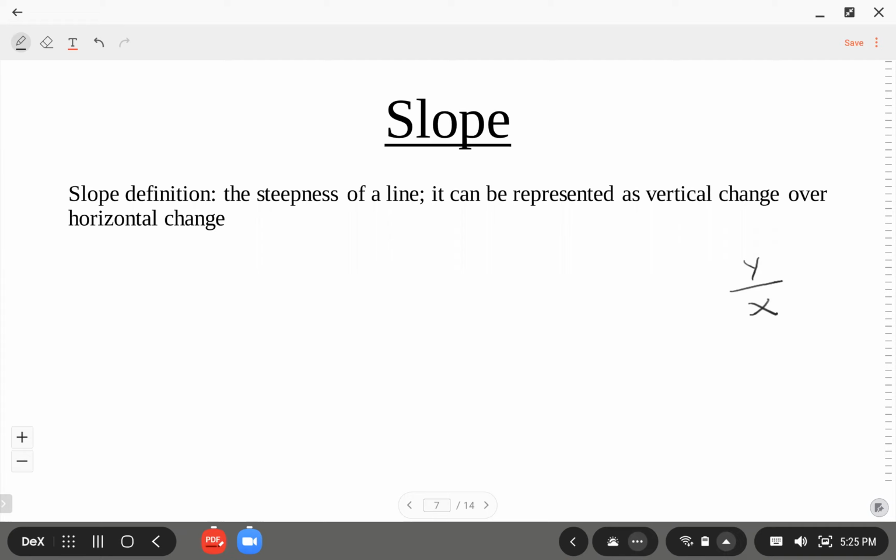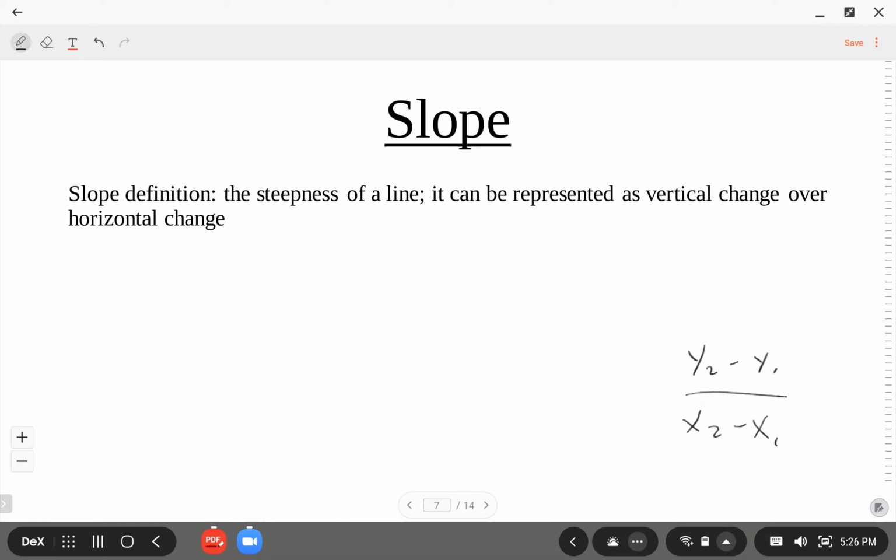And you can find slope by doing this: y2 minus y1 over x2 minus x1. So basically you have to have 2 points to find the slope. Okay, so I'll repeat. The slope is the steepness of a line and it can be represented as y over x, the vertical change over the horizontal change.